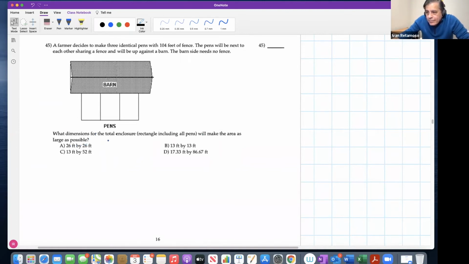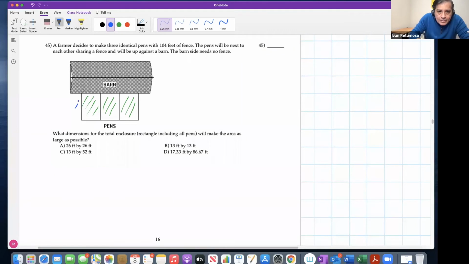Great. So let's take a look at this problem. We are trying to maximize this area, this enclosure, and we are using the barn as this part of the enclosure, so we don't need material here. So we need material here.